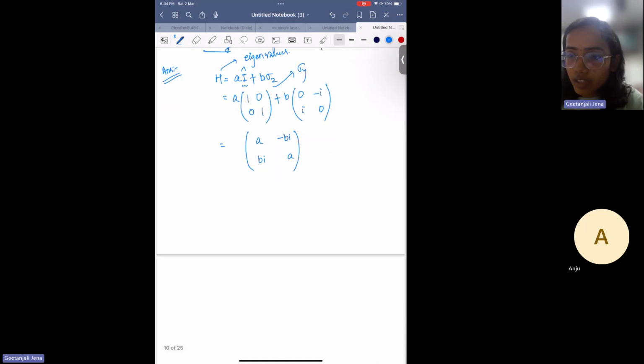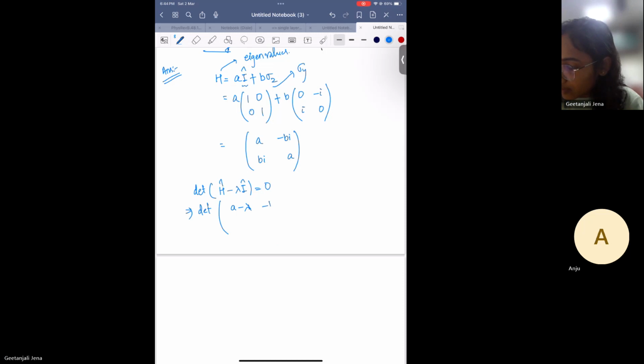So to find the eigenvalues, what you have to do? You have to just solve this equation, which is the determinant of H minus lambda I equal to 0, where lambda is the eigenvalue. It's the determinant of A minus lambda, minus Bi, Bi, A minus lambda, equal to 0.